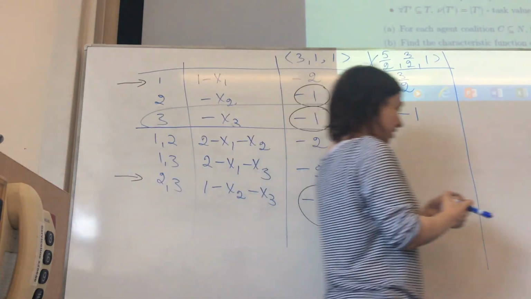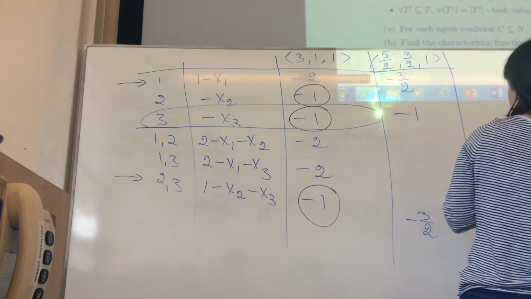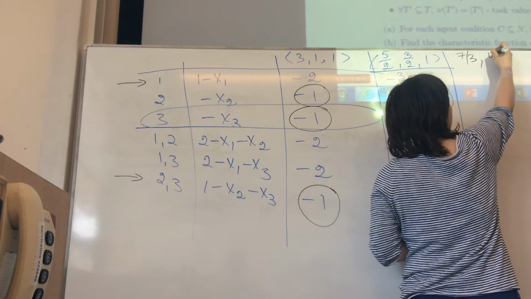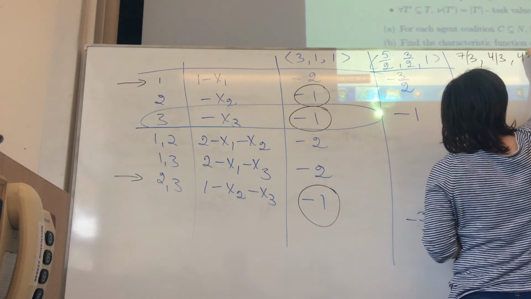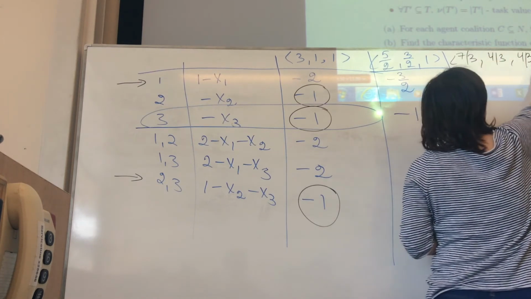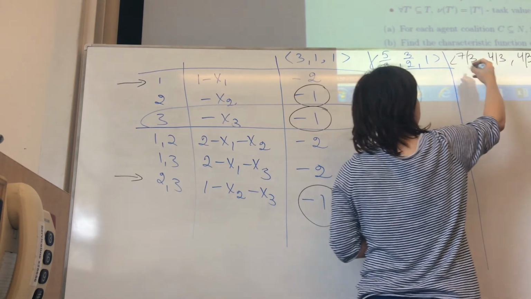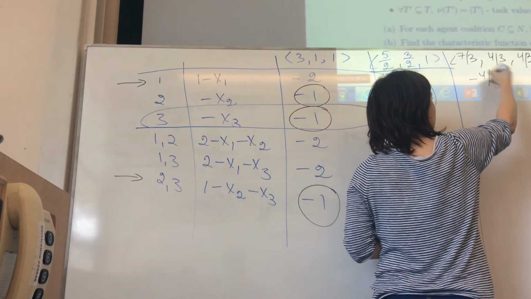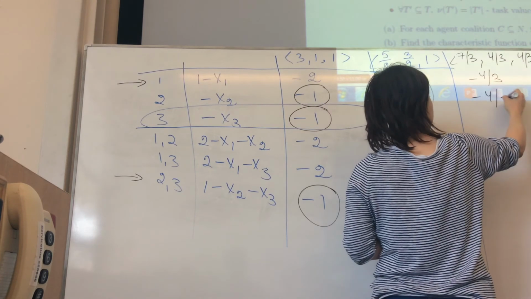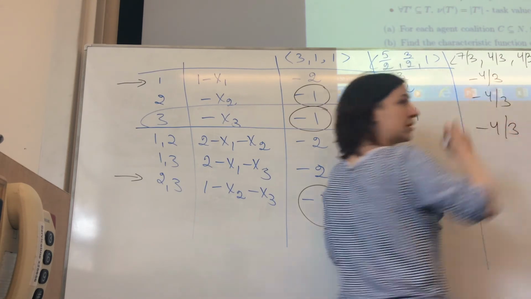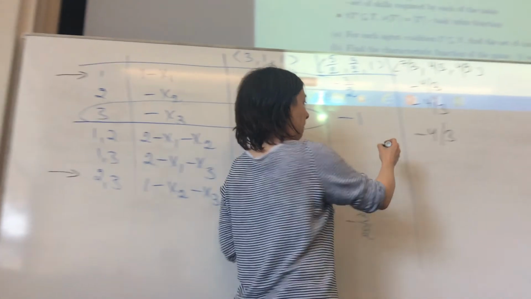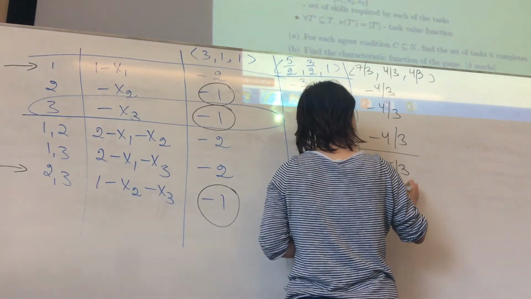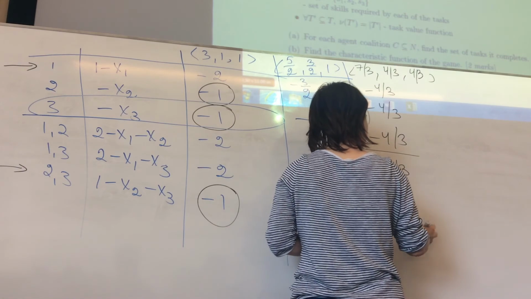So after that redistribution, you would get 7 thirds, 4 thirds, 4 thirds, and for that vector, the excesses would be, if I remember correctly, minus 4 thirds for all these singleton sets, and minus 5 thirds for the pairs.